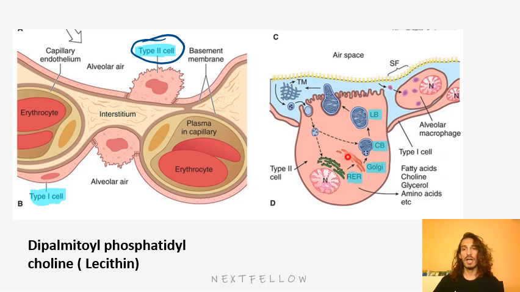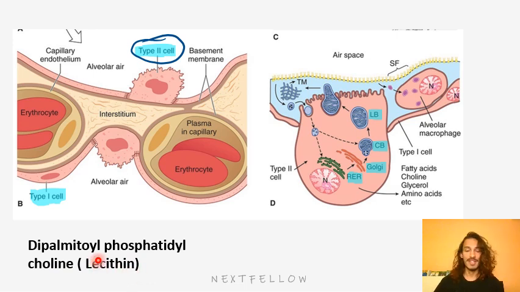Out of the constituents, what you have to understand is that dipalmitoyl phosphatidylcholine is a major constituent. More than 60% of your surfactant is that. Sometimes in the MCQ answers, they might give dipalmitoyl phosphatidyllecithin in the option. If you don't know that it's the same thing, then you might not be able to answer the question.